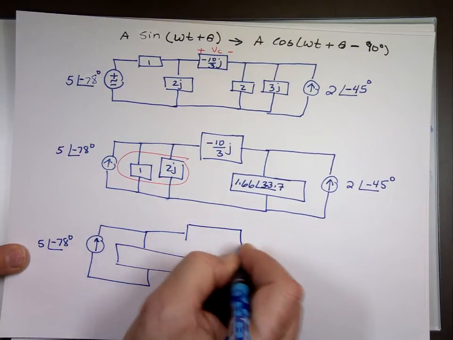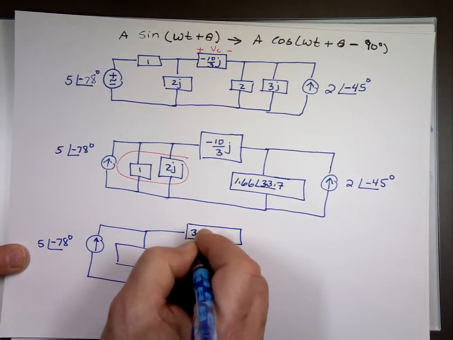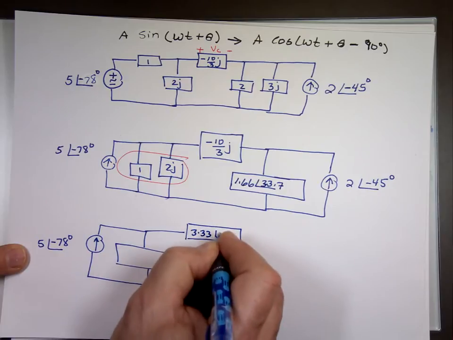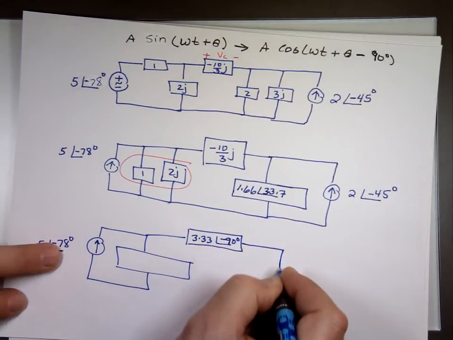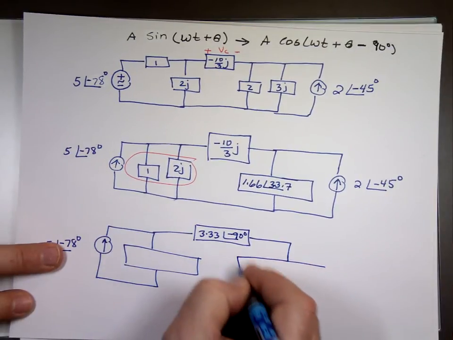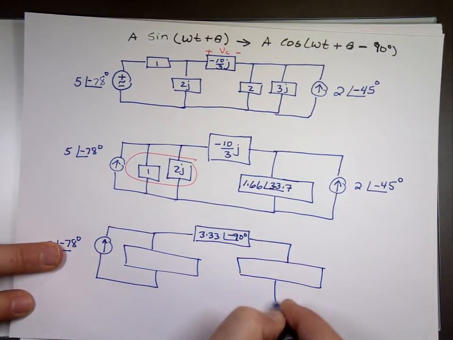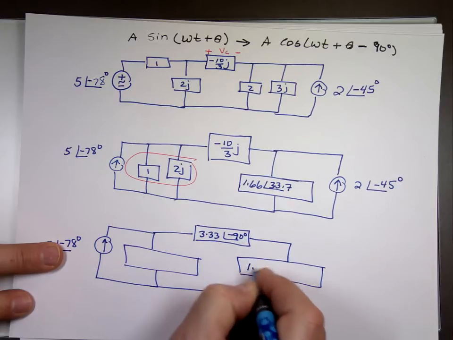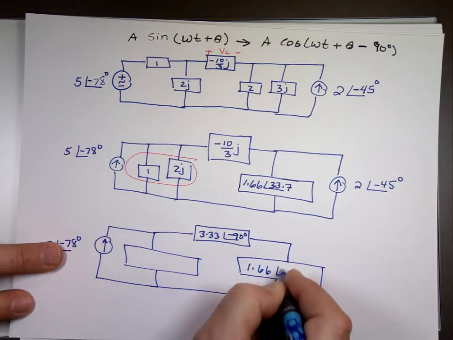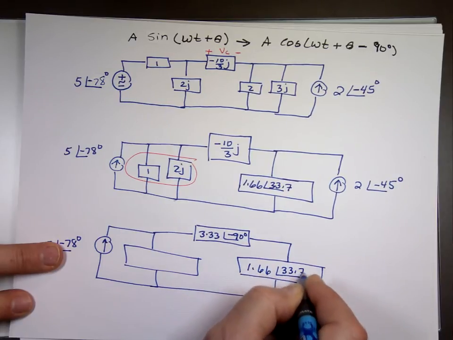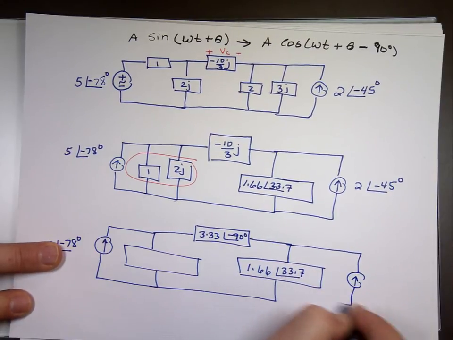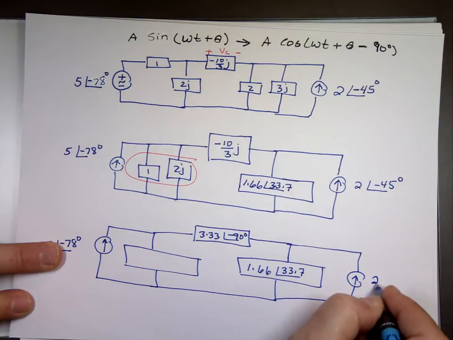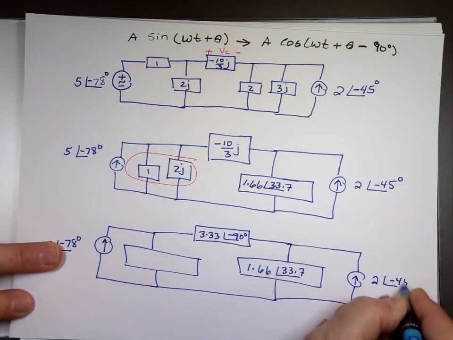Negative j is negative 90 degrees, 3.33 angle negative 90. Since I'm starting to go in phasor here, 1.66 angle 33.7, and 2 angle negative 45 degrees.